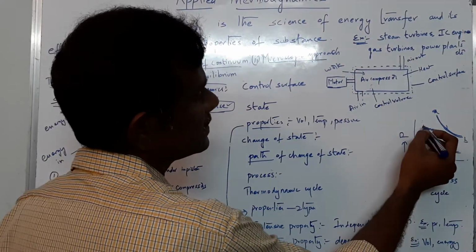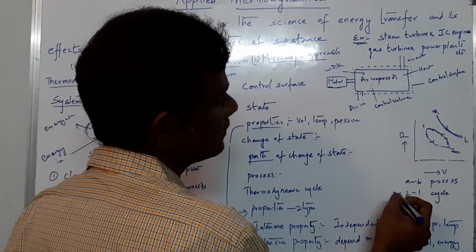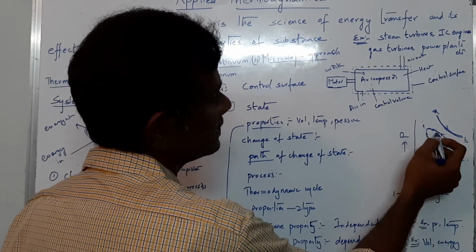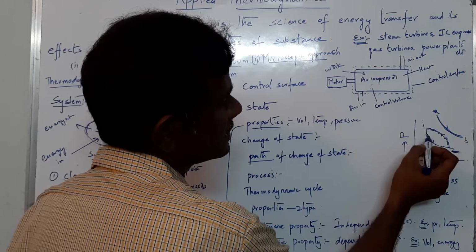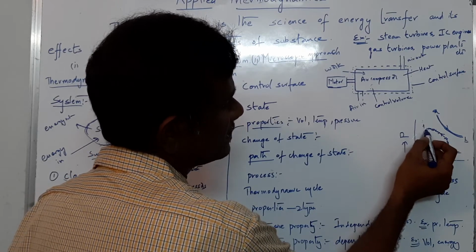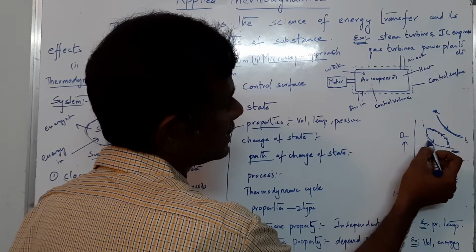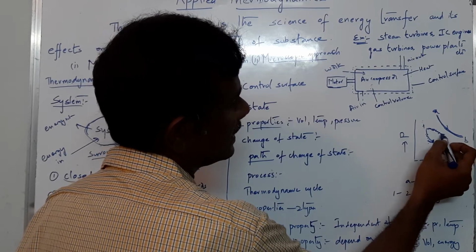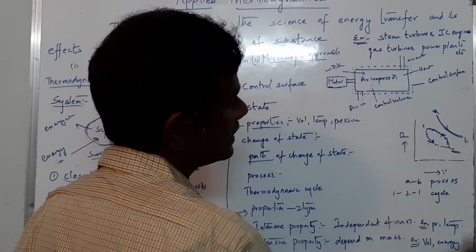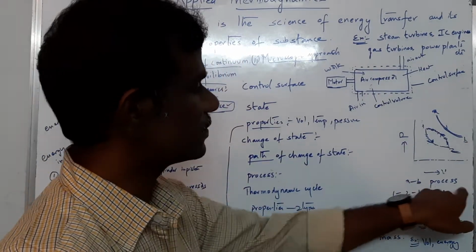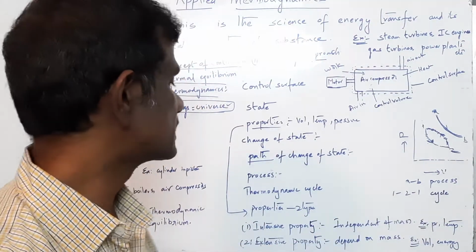And in a cycle, 1 to 2 and back to 1, it comes from 1 to 2 here, and again goes back and reaches 1 here. A to B is a process and 1 to 1 is a cycle.